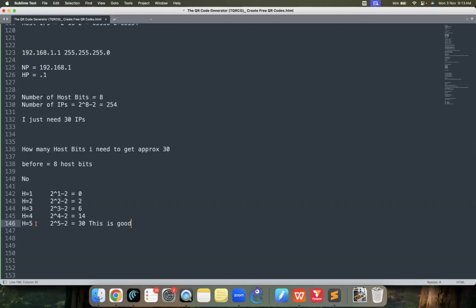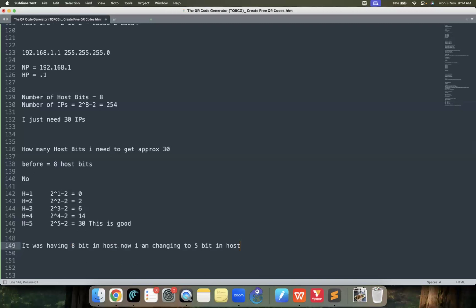Now, I am taking only 5 host bits instead of 8. Meaning, this last portion is like a rubber band. It had 8 bits in host, now I am changing to 5 bits in host.